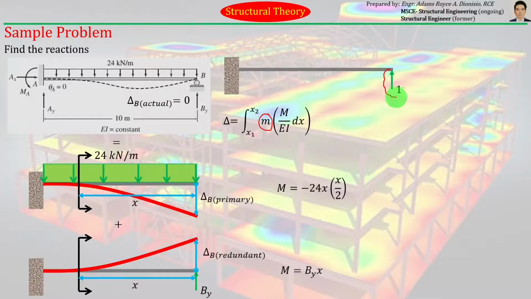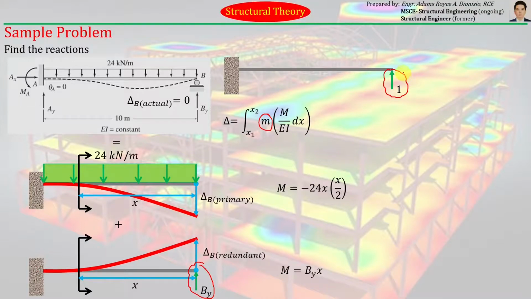The direction of the unit load is actually arbitrary, but for simplicity of calculation, it will be our technique to orient the unit load in the same direction as the redundant. If the redundant is directed upward, the unit load that we apply here will have the same direction.